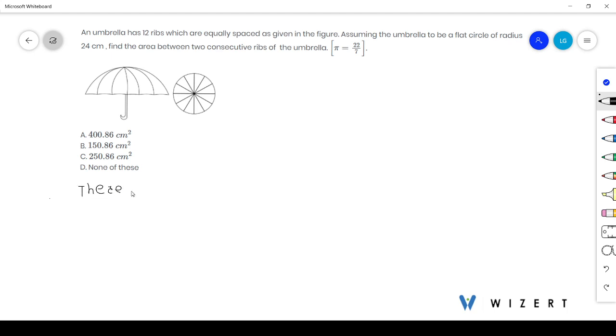There are 12 ribs in the umbrella, which is given here.